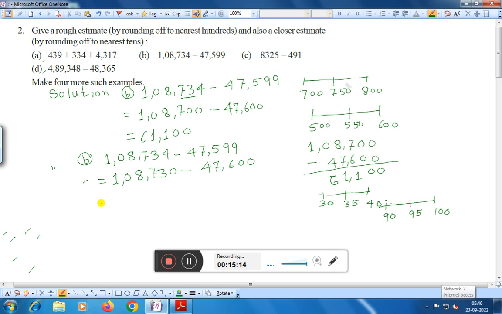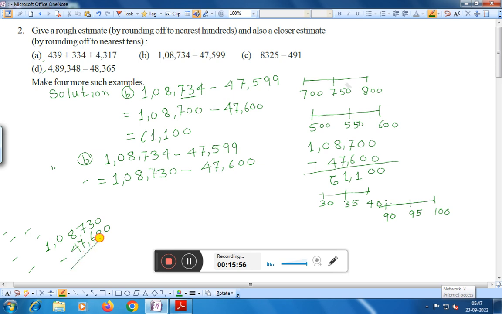Therefore, subtracting the numbers, we are subtracting 108,730 minus 47,600.